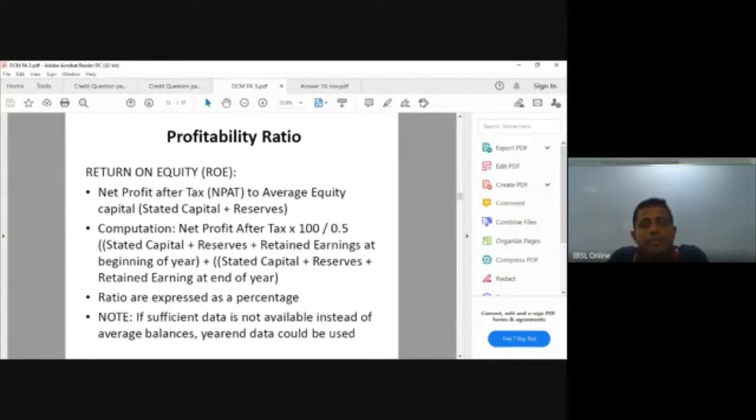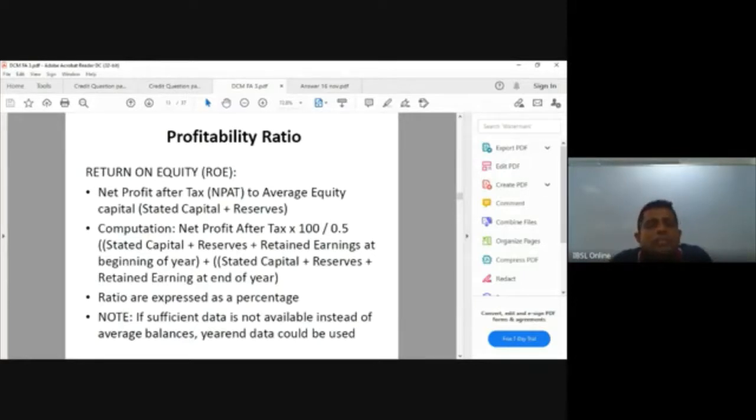Here there is a difference. This is return on equity. What are the figures that we need to take? The first thing is the equity, meaning the ordinary shareholders' return. Equity comprises ordinary share capital plus reserves.